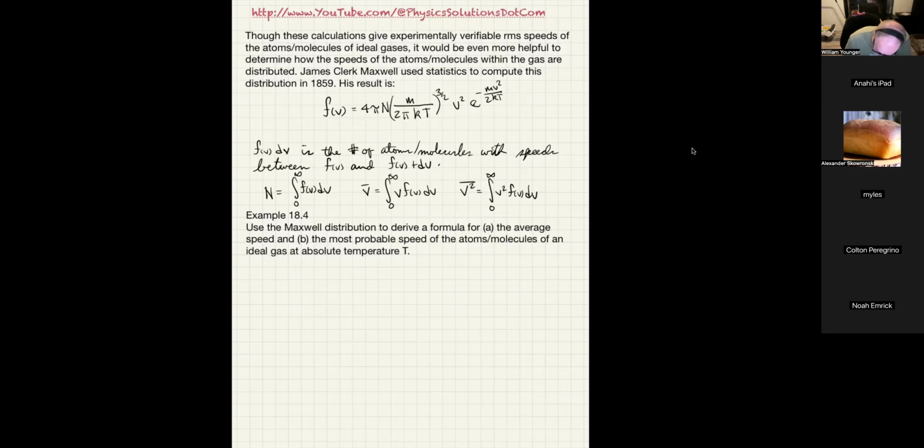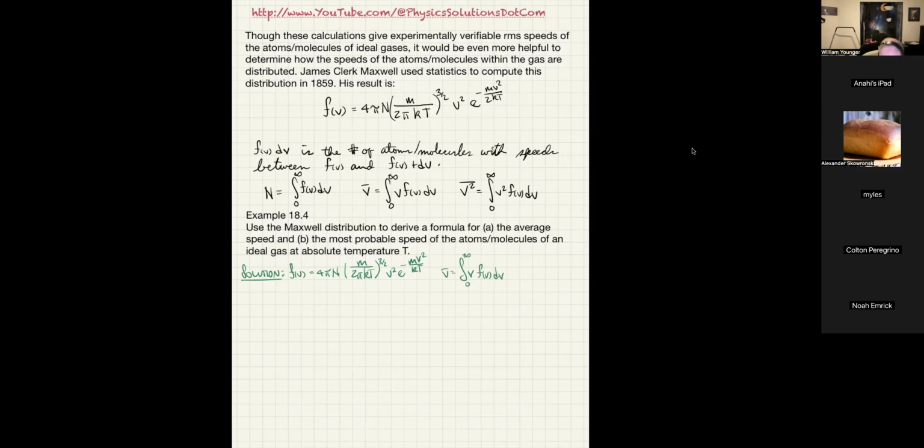Let's say solution. f of v is 4 pi n (the 4 pi n formula, by the way, is included in your equation sheet) times m over 2 pi kT to the 3 halves power times v squared e to the negative m v squared over 2kT, and v bar is equal to the integral of v f of v dv from 0 to infinity. So that's what we're going to do.